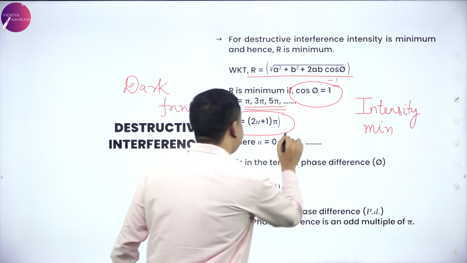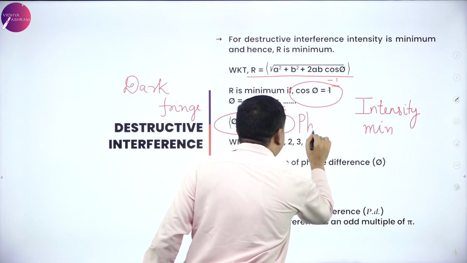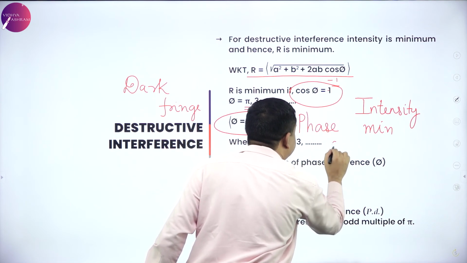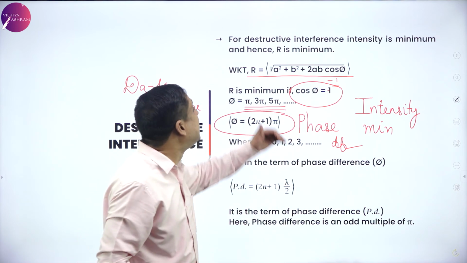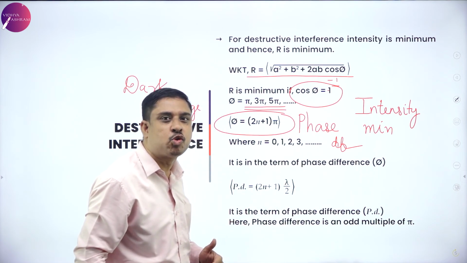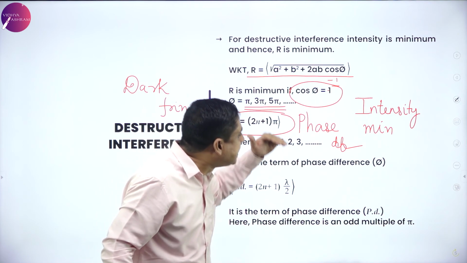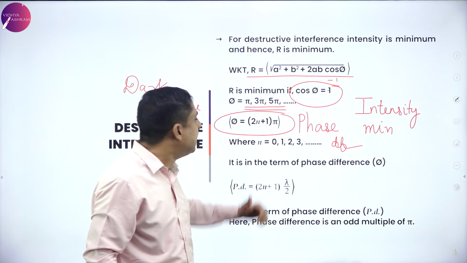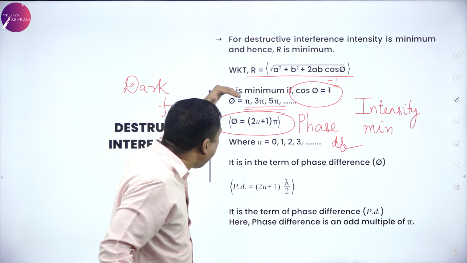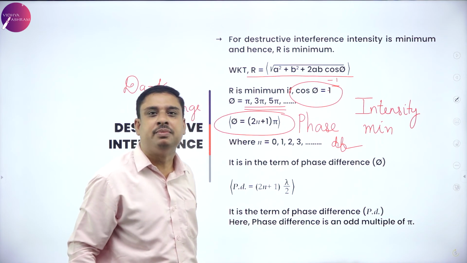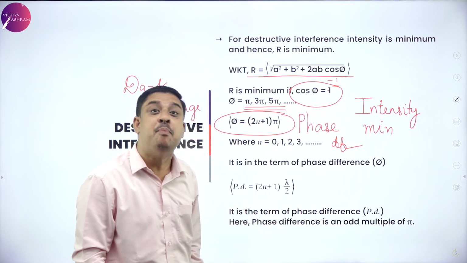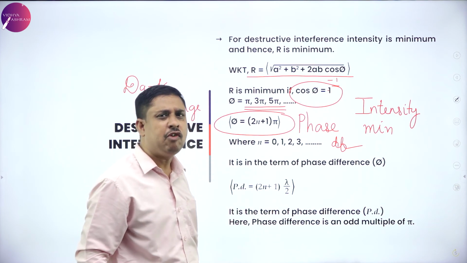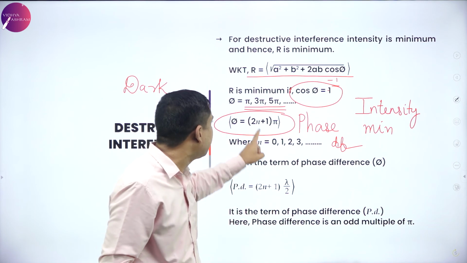So this is the condition for phase difference if destructive interference has to happen. Intensity should be minimum, and the resultant amplitude should be minimum. So cos phi will take up -1 for what angles of phi?